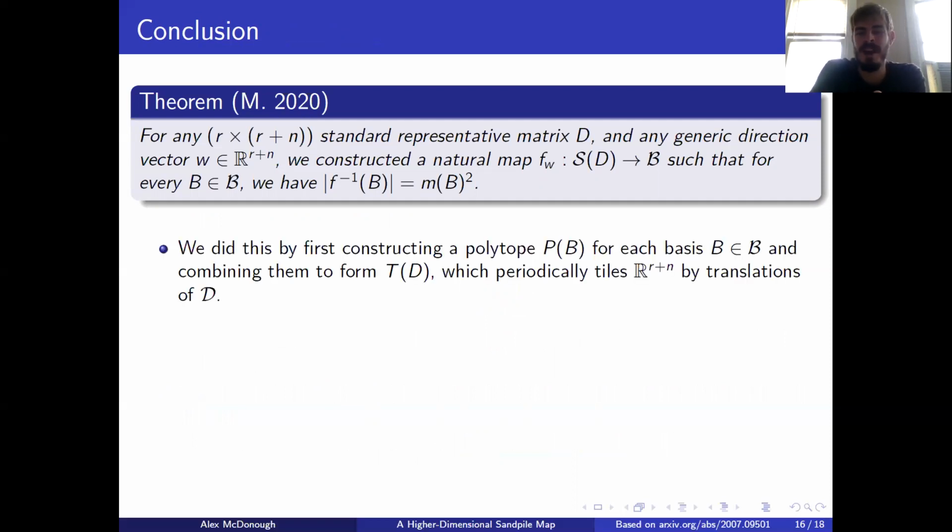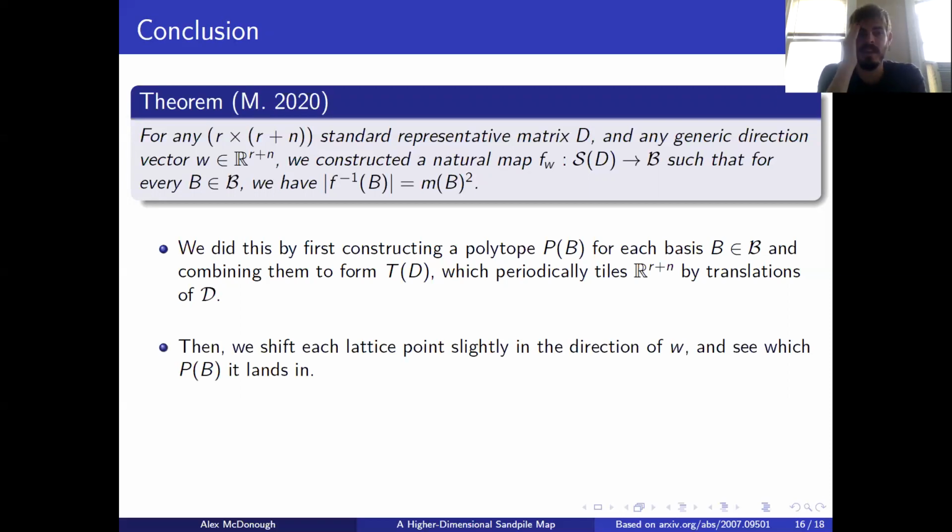And just to remind everybody, we did this by first constructing a polytope for each basis, and then we combined them to form our tile, and this periodically tiles our R_+^n. And then we shift each lattice point slightly in the direction of W and see where it ends up.